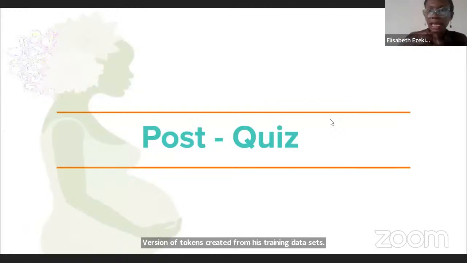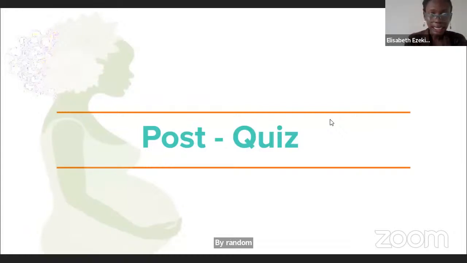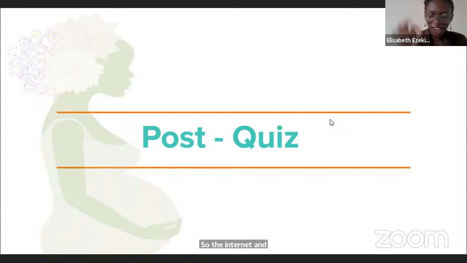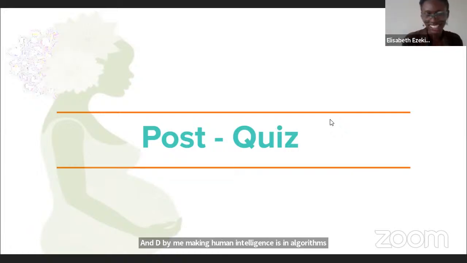B, by randomly selecting words or pixels from a predefined list. C, by connecting to the internet and gathering information. And D, by mimicking human intelligence using algorithms and data. This might have felt like a bit of a trick question.